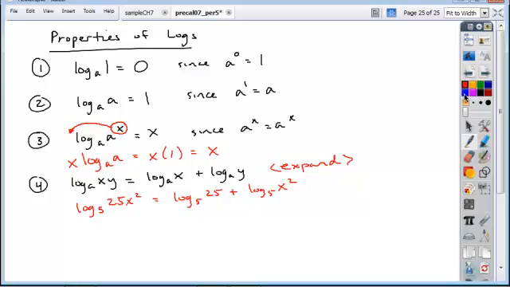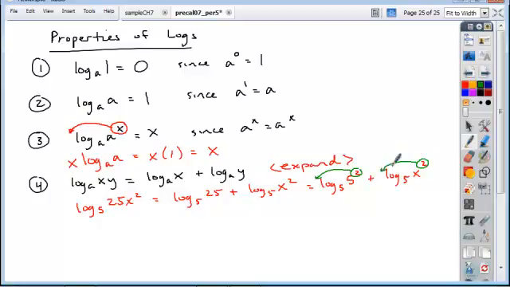Now we can continue with this, because how can we describe 25? 25 is 5 squared. So if we thought of that as log base 5 of 5 squared plus log base 5 of x squared, what can we do with these powers? We just saw up here, we can move powers out front.